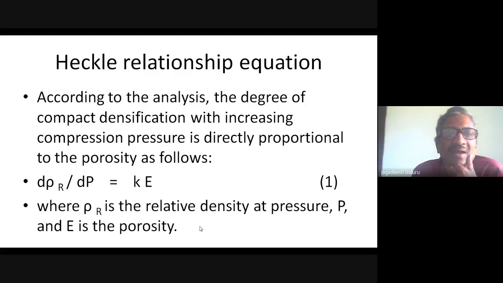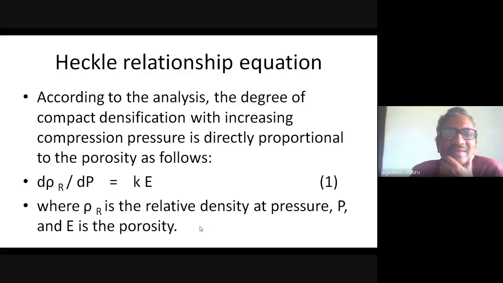That is one point you have done in the roller mill. In tablet manufacture, you decrease the height between the upper punch and lower punch. There you are going to apply more compression pressure. You are decreasing the height of your upper punch so that you have more compression pressure. So it is directly proportional to your porosity as follows. What he has depicted as the equation is the change in the relative density per change in the pressure.